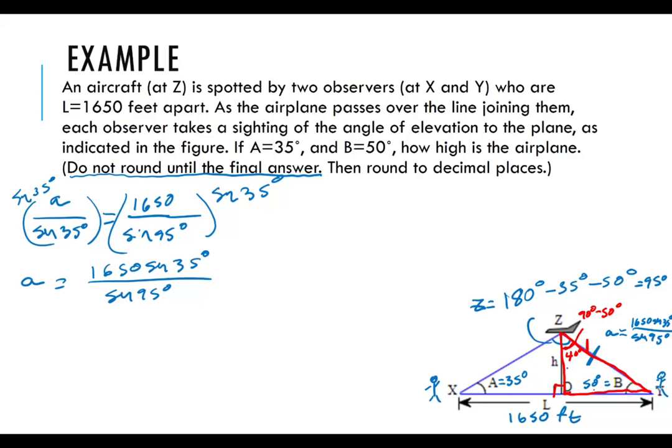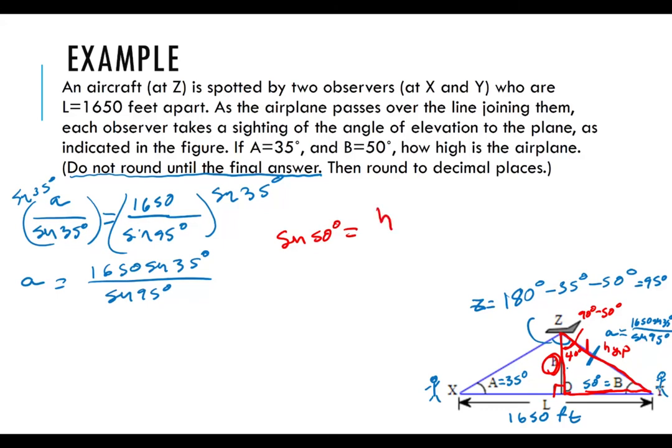But what I do know is that I'm given this angle here, this angle 50 degrees, and I'm looking for the opposite side of 50 degrees, and I have the hypotenuse. Then I can say that sine of 50 degrees is equal to the opposite side over the hypotenuse, where the opposite side is not known.